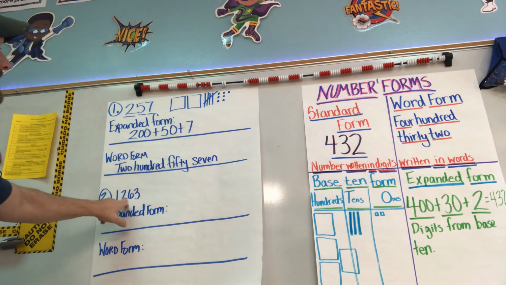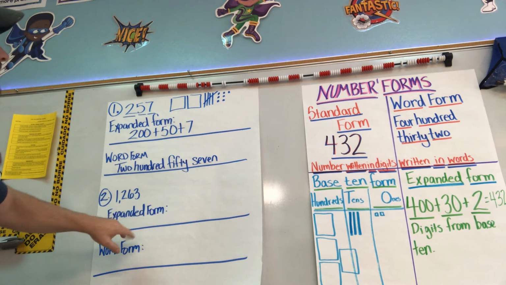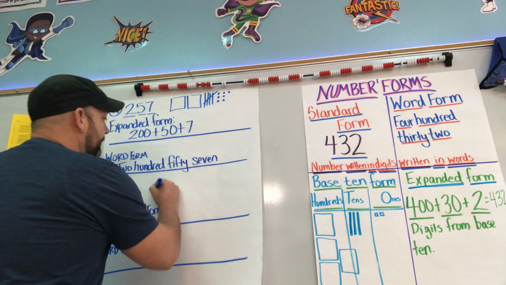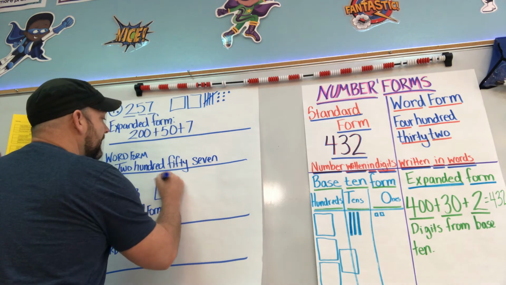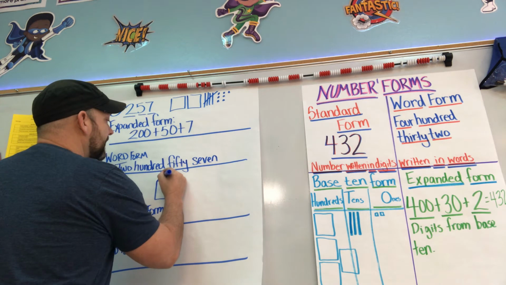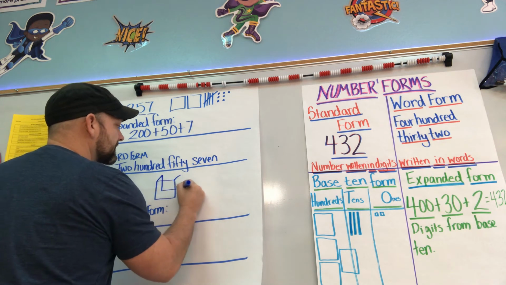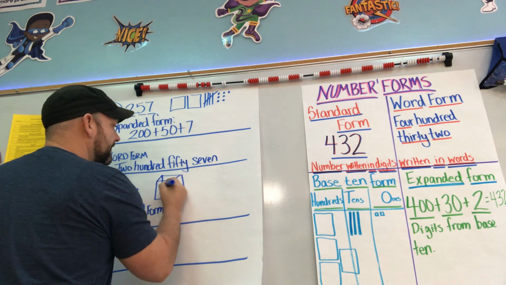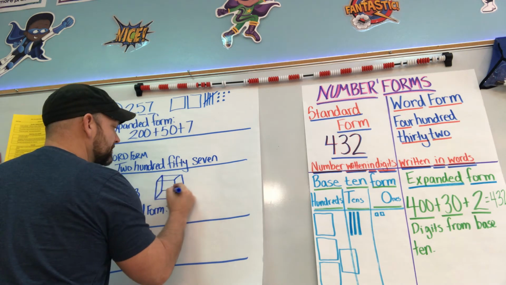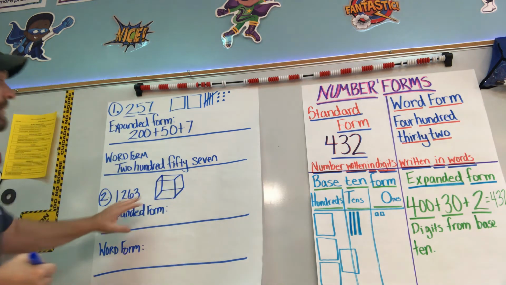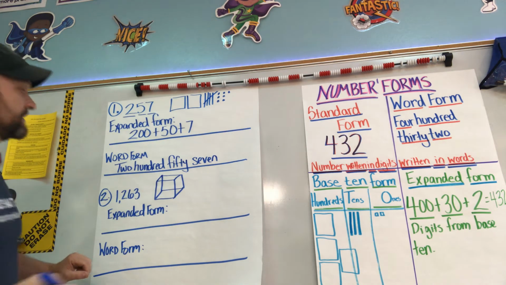And the number is 1,263. So we start by drawing it. I won't count off for this one because I know you guys don't have thousands blocks and this is kind of hard to draw. Okay, you start off by drawing the big cube because that represents 1,000.